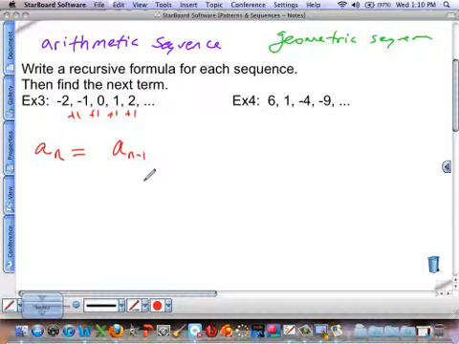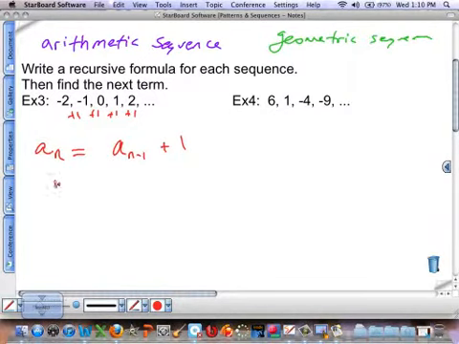All right, so we have a sub n equals a sub n minus 1. And what am I doing to my previous term? What are we doing to each term before it? How do you get the next one? You're adding 1. So the next term is the previous term plus 1. But what's important with a recursive formula is you have to be told where to start.